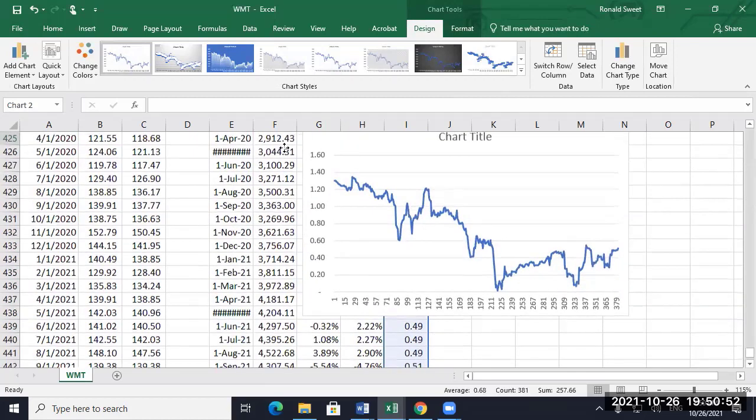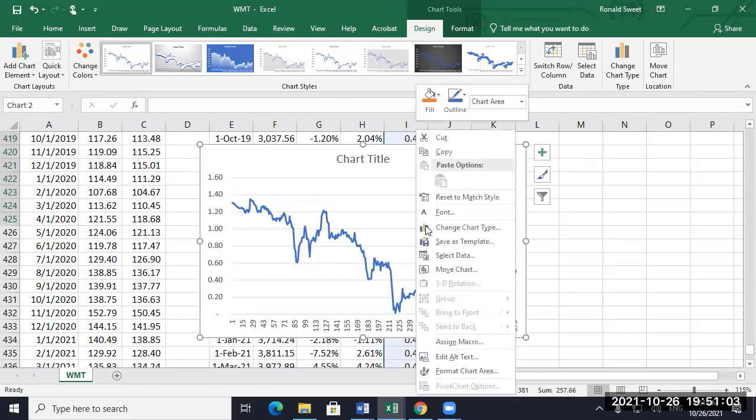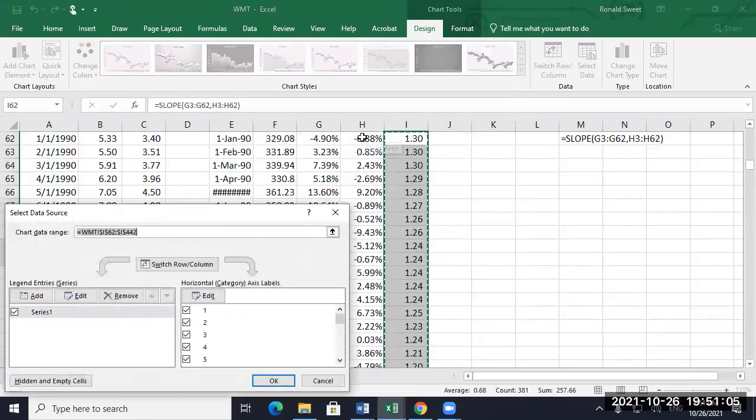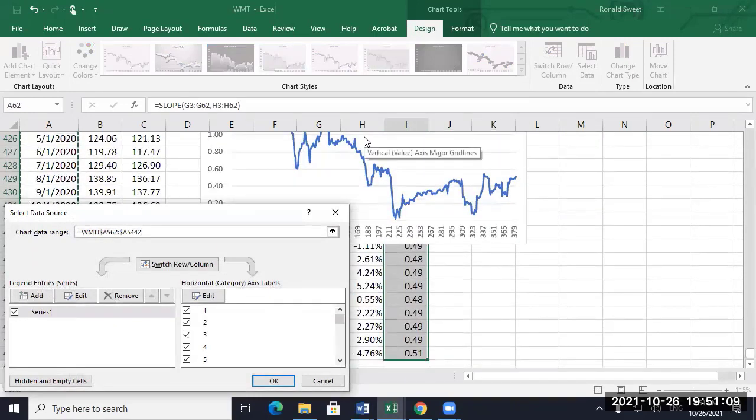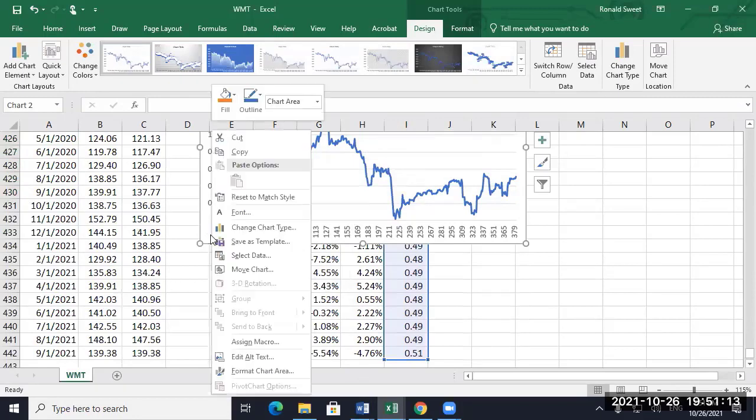So I've had students put this graph in their chart. Is anything wrong with this graph? We need some dates, right? That'd be kind of nice. So let's put dates in there.